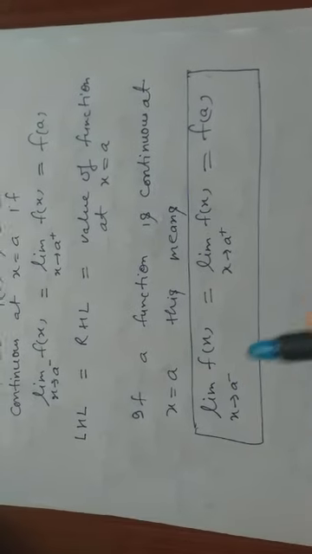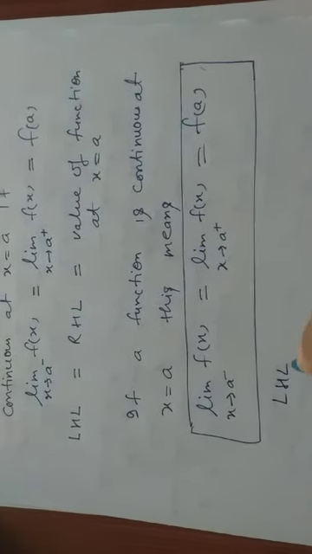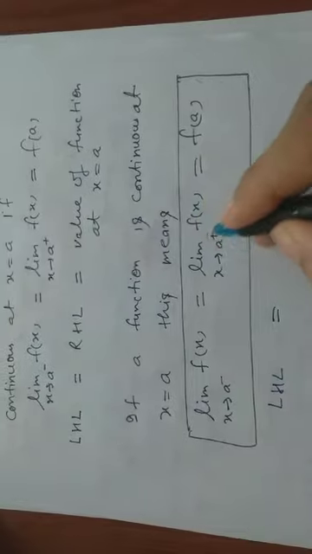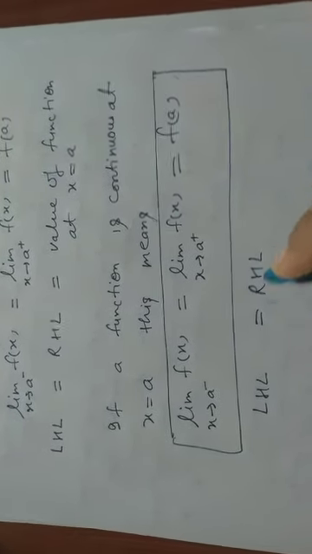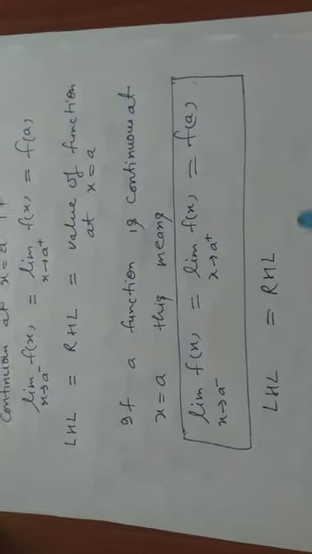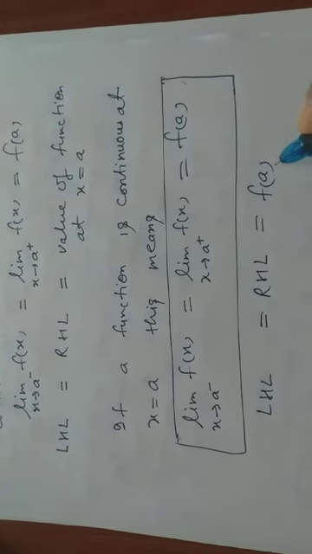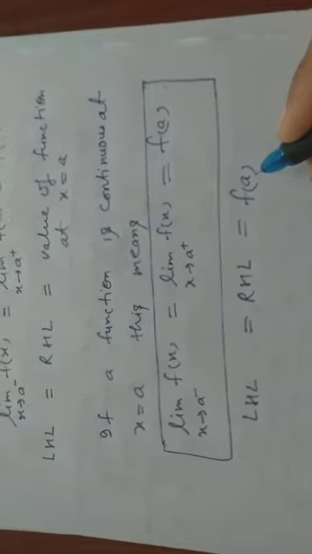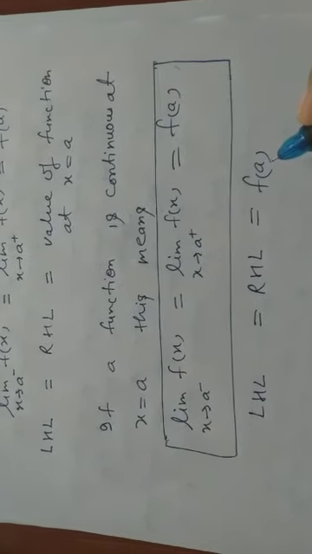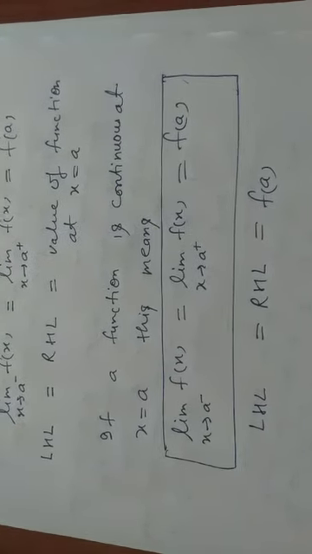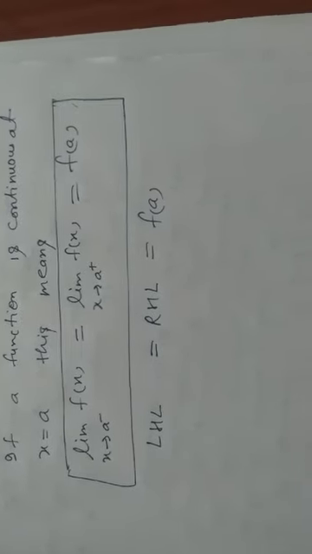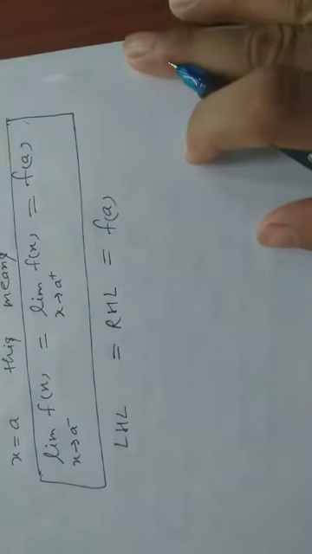This expression is the left hand limit of the function. This expression is the right hand limit of the function. So if the left hand limit is equal to the right hand limit, which is equal to the value of the function at x = a, then the function is called a continuous function. Otherwise, the function is said to be discontinuous.